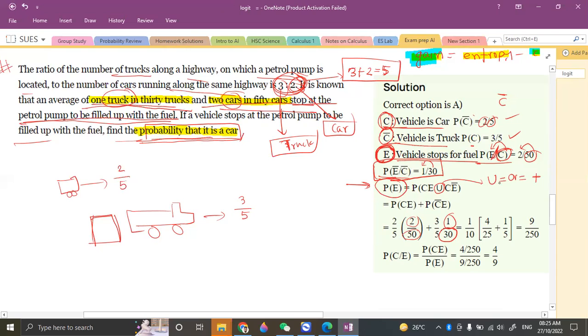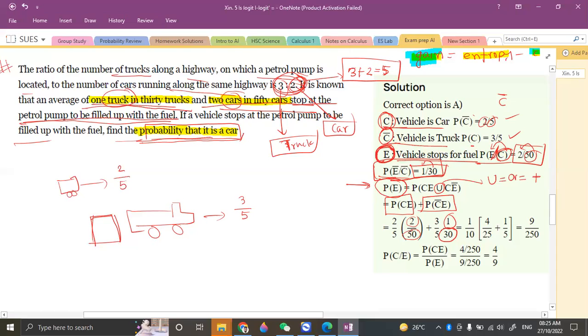So we add this result and this result, okay? So you see we have the probability of CE and the probability of C bar E.